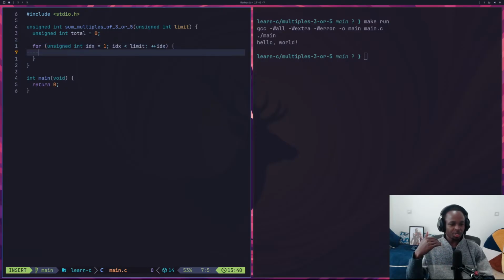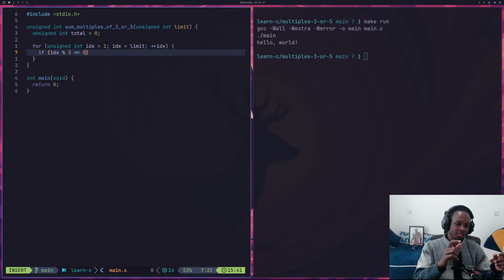Then we now have to check for the divisibility. So we have to say if, and to check for the divisibility, we are going to use the modulo operator. To know if a number is divisible by 3, for example, we'll check the index modulo 3, is it equal to 0?